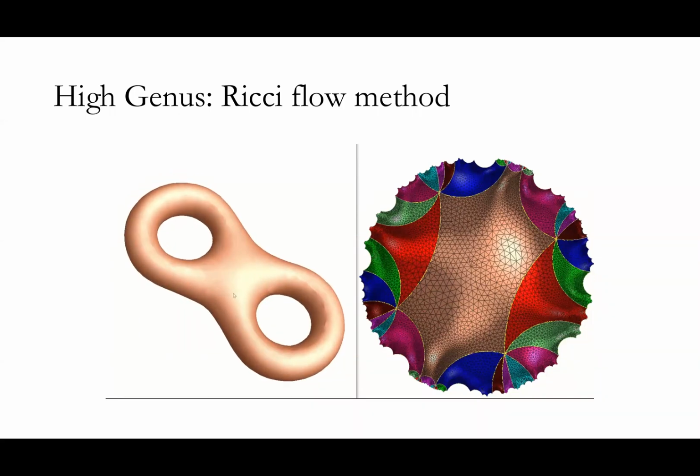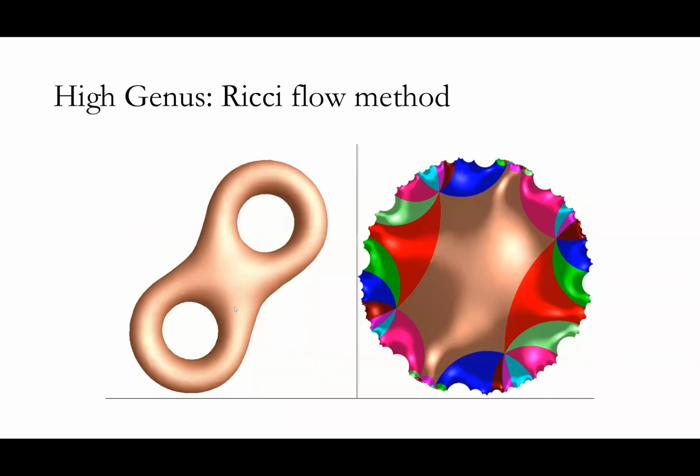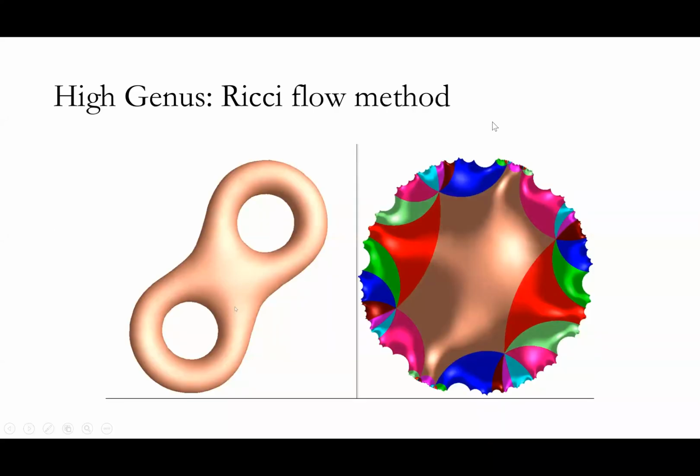It is the only tool so far in the computer science field to design Riemannian metrics by curvature. These three methods constitute the core algorithms of computational conformal geometry.